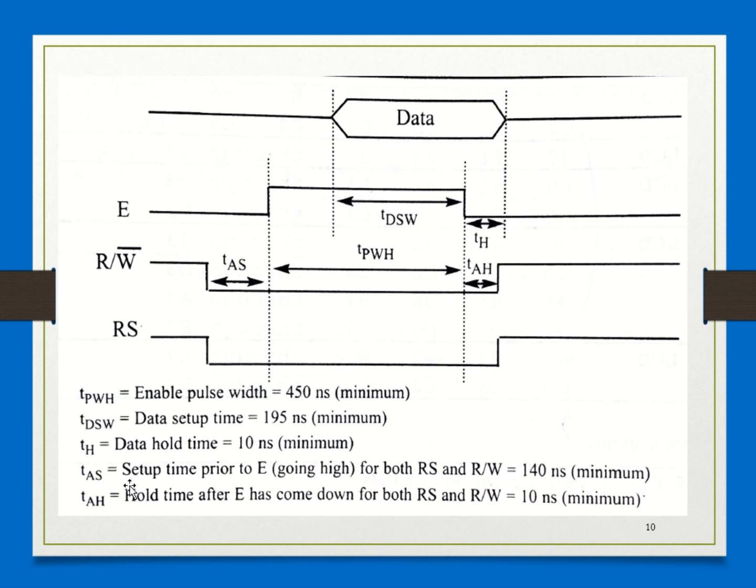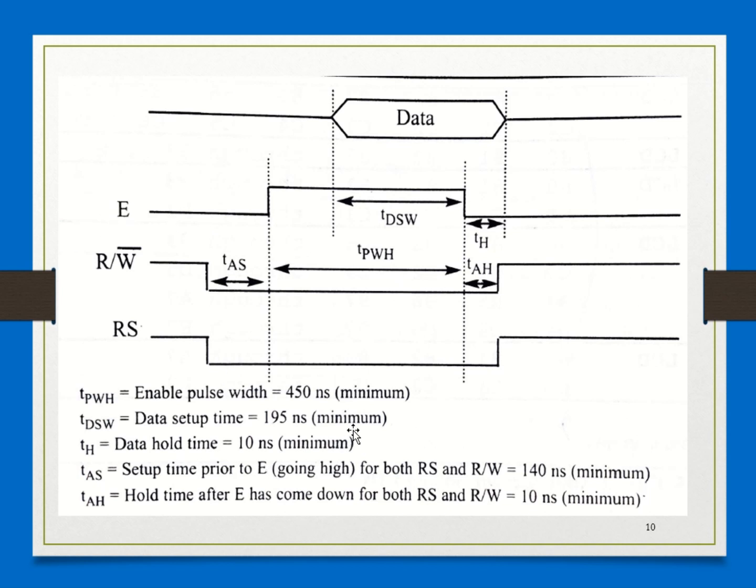TH is the data hold time, that is, for what duration the data will be available there. And TAH is the setup prior to E going high for both RS and R/W. The different timings are given there, which have to be taken care of. The main thing is, in the read operation, you give a low to high pulse to the E line or E pin.